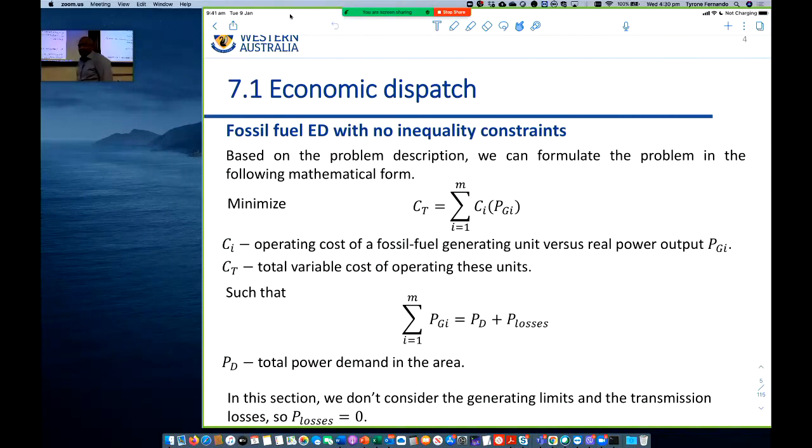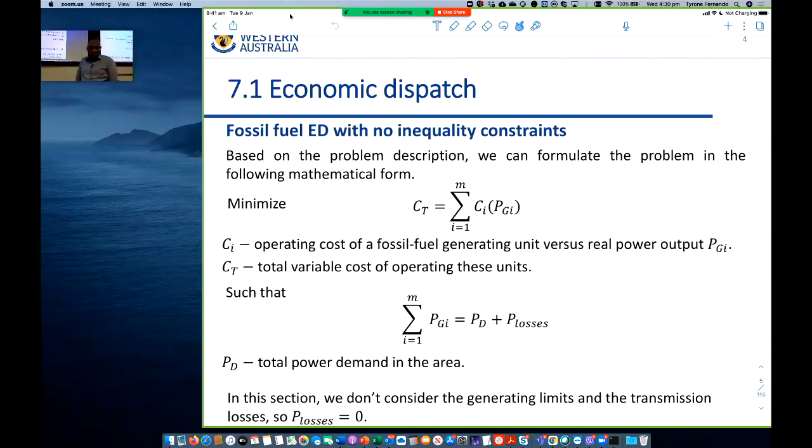PG is a generator, i is the ith generator, so PGi is the power that generator i produces. Ci is the cost for generator i, and it depends on how much it generates, PGi. The total cost is the sum of all the costs for all the M generators. The objective is to minimize that cost.